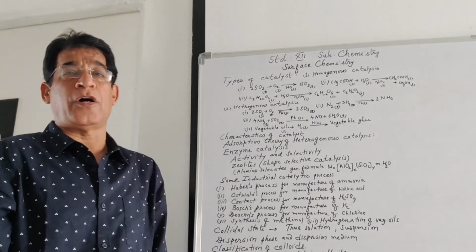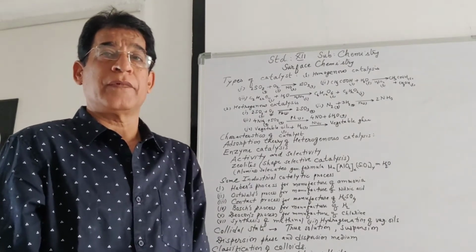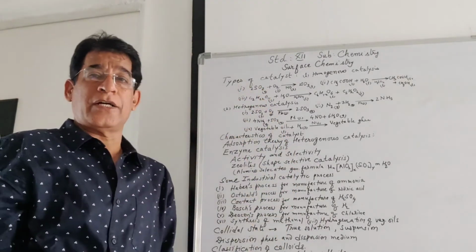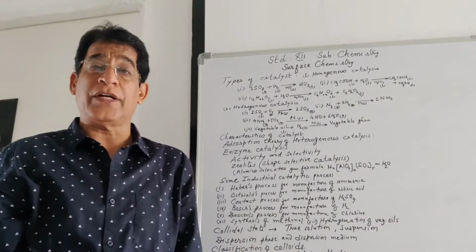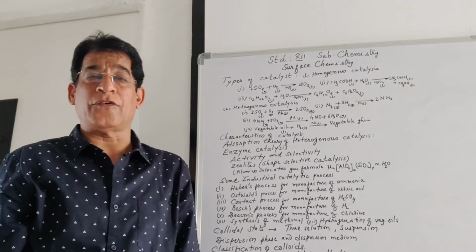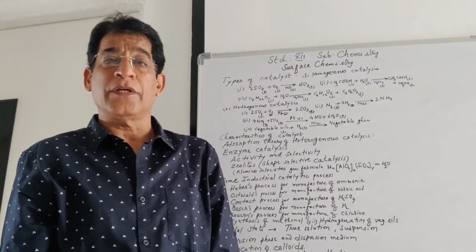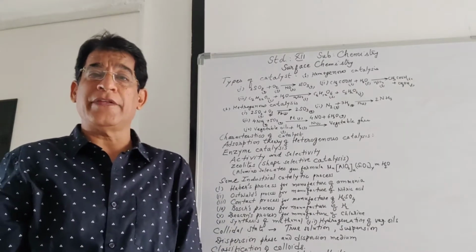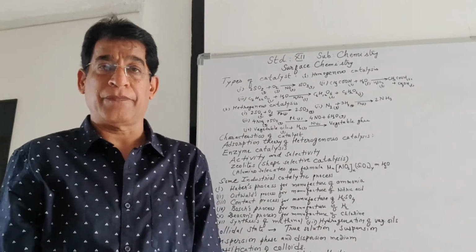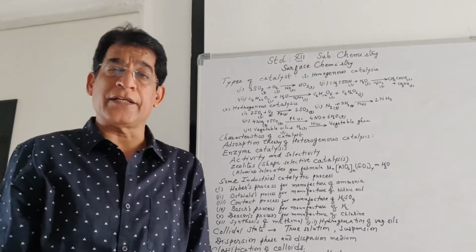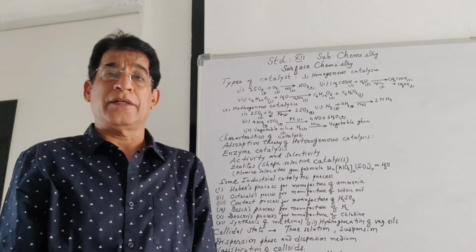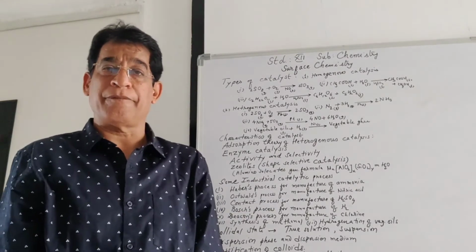First example of homogeneous catalysis: oxidation of sulfur dioxide into sulfur trioxide with oxygen in the presence of oxides of nitrogen as the catalyst in the lead chamber process. The reactants, products, and catalyst are in the gaseous state.